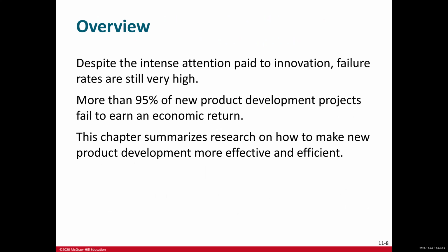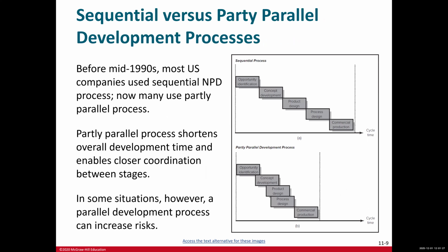So, we already have talked about the sequential versus partly parallel development process and how it works. Remember that I said that just like sequential, we have to wait till all the product activities are completed and then move to the next phase.